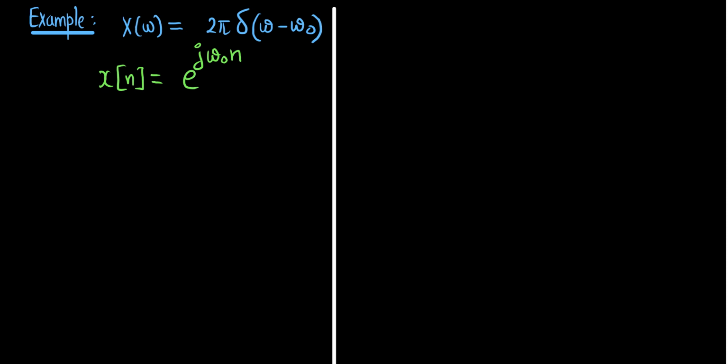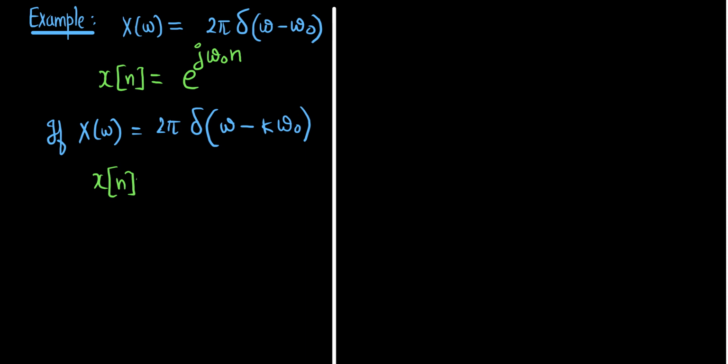And let's suppose we take various shifts of this impulse. So if x of omega is equal to 2 pi times del of multiple such shifts, let it be k times omega naught, the x of n in that case is going to be e power multiple such shifts.